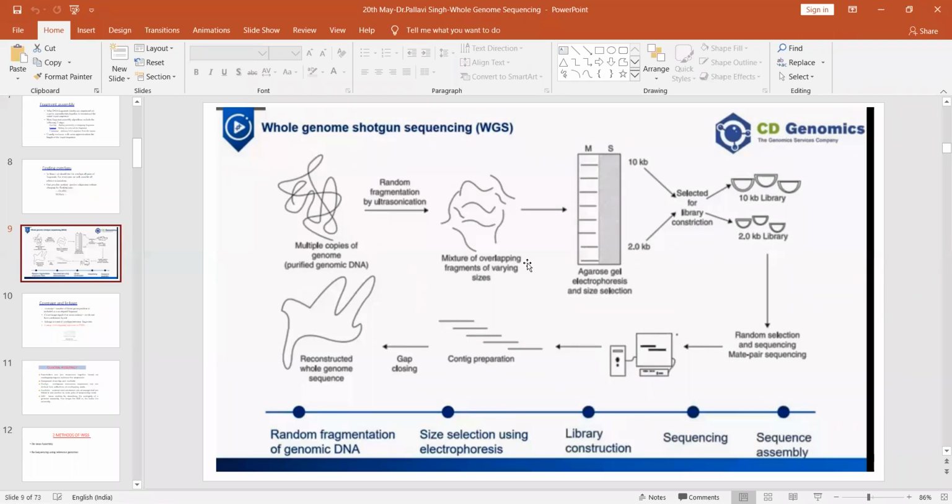So after fragmenting the DNA using restriction endonucleases, we are going to make a library of the overlapping fragments. Which base is different in these overlapping fragments, that we find by going for the agarose gel electrophoresis. And then we will purify the fragments from here, and we will make a library.